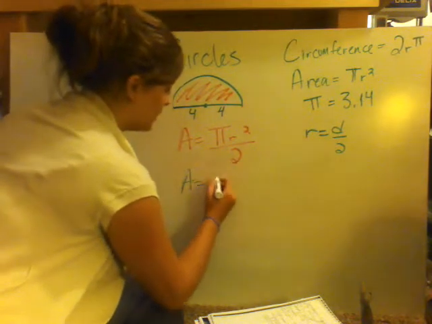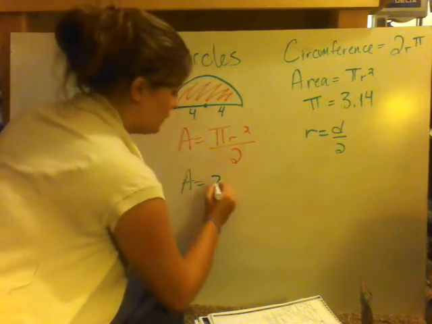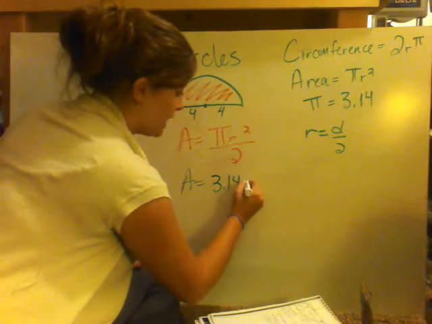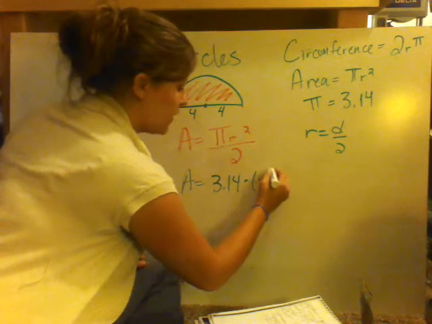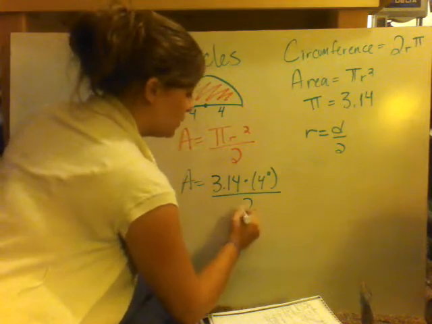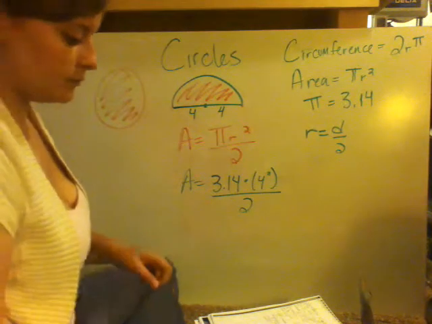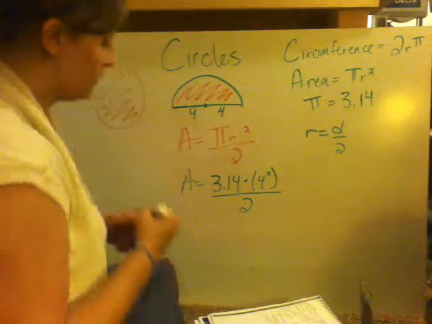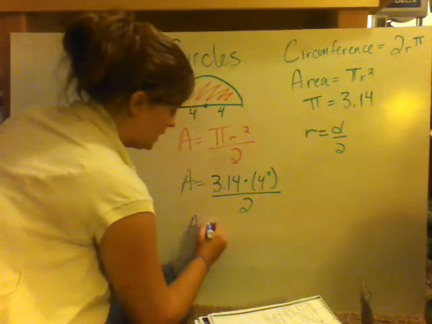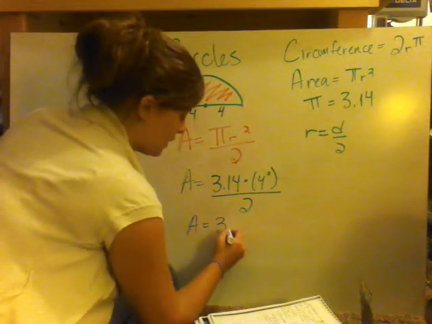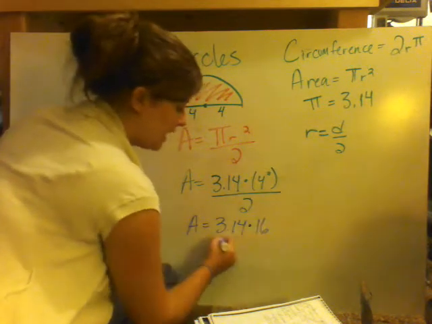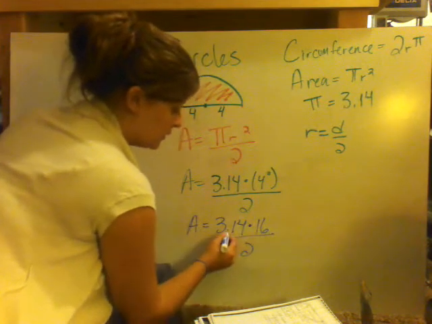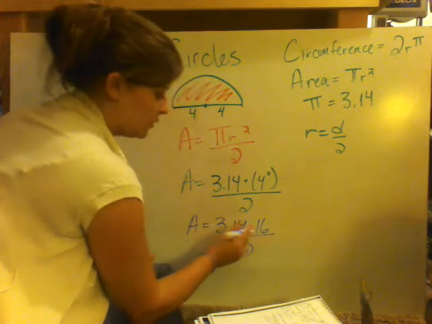Area equals pi, which is 3.14, times r squared, so I've got 4 squared over 2. So I've got area is equal to 3.14 times 4 squared is 16, and the whole thing divided by 2. So this is my decimal place down here, and this is a multiplication circle.